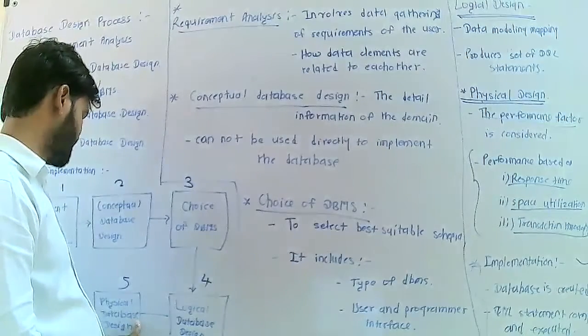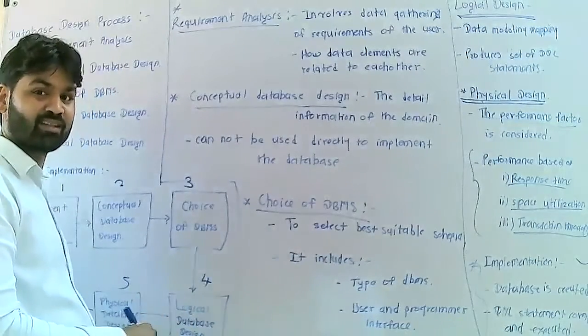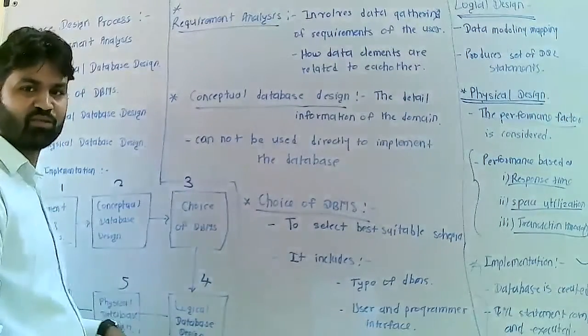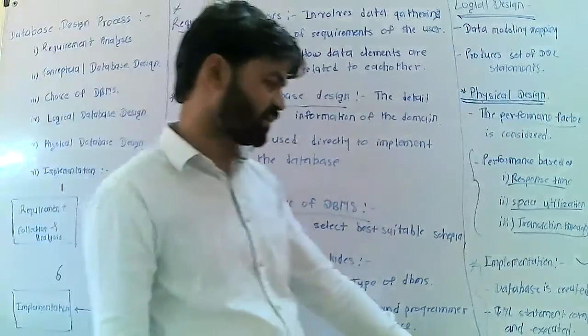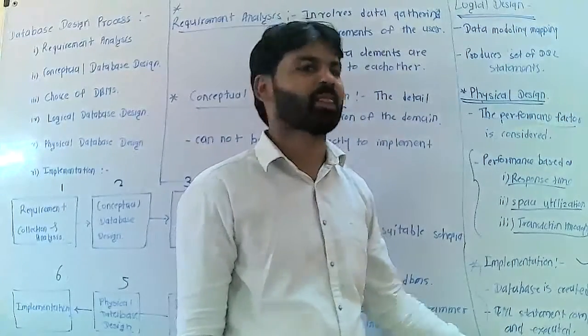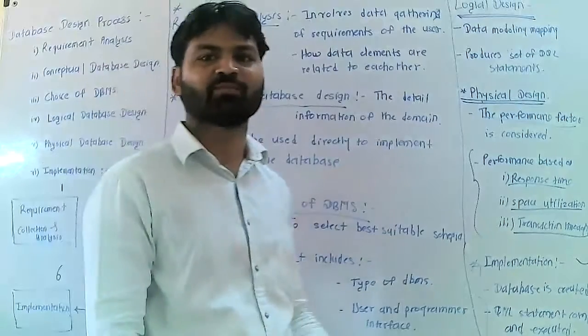Then you have to measure the performance of your system. Then you have to implement by using DDL statements, and you can modify it by using DML statements. So this is all about your database design process.